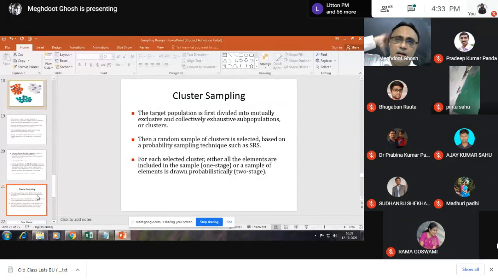Suppose we are doing a research where we need national level sampling. First we have to identify how many states or how many regions there are. If we are talking about India as a whole, then first we have to classify India into different regions.